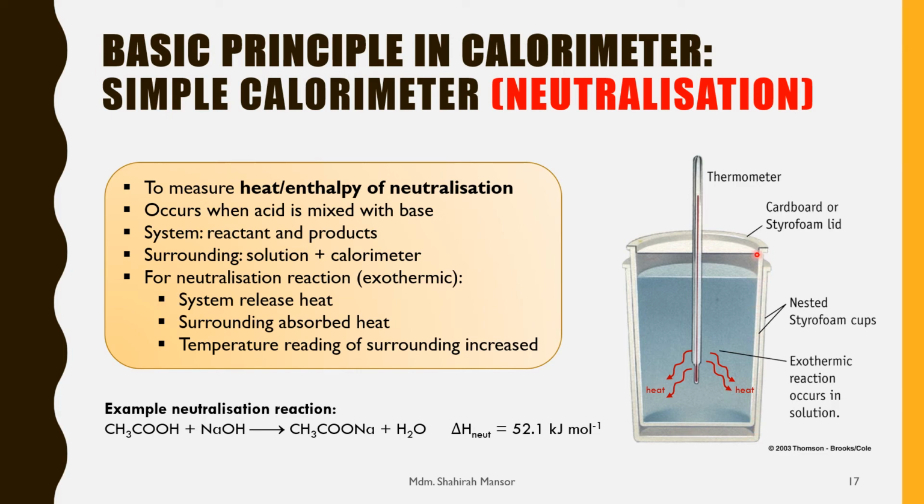So since neutralization reaction ini adalah merupakan exothermic reaction, so that's negative over here, the system will release heat to the surrounding. Hence, surrounding will absorb the heat. So, bila surrounding ni absorb heat, kita boleh nampak bahawa temperature reading of the surrounding will be increases.